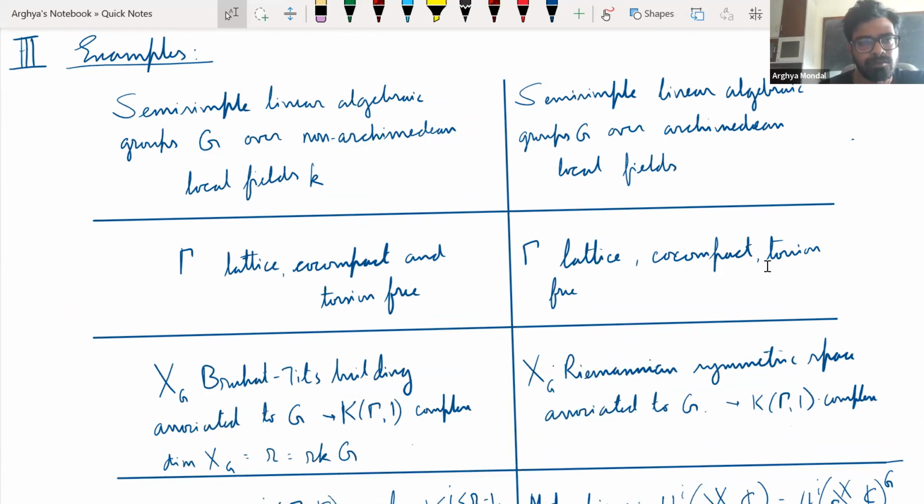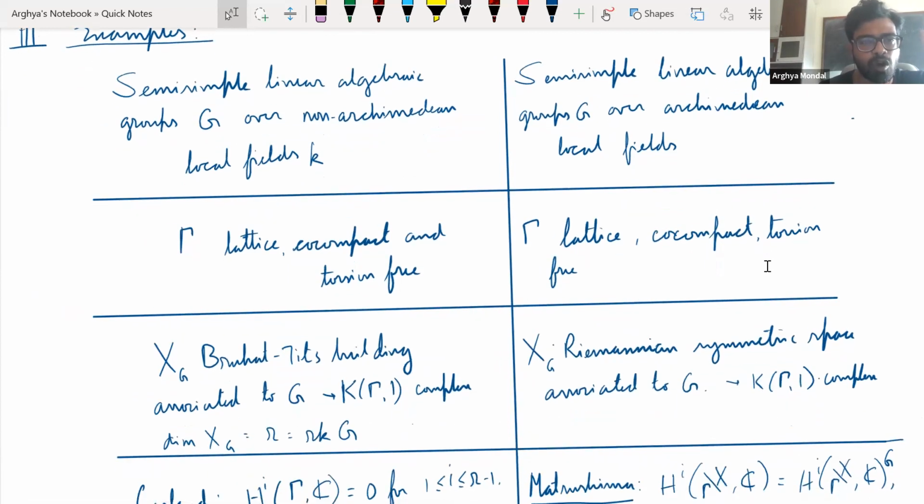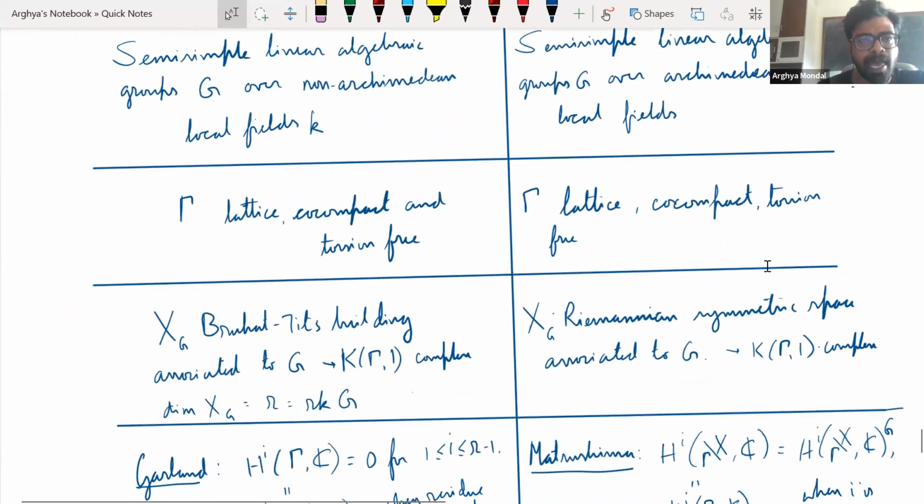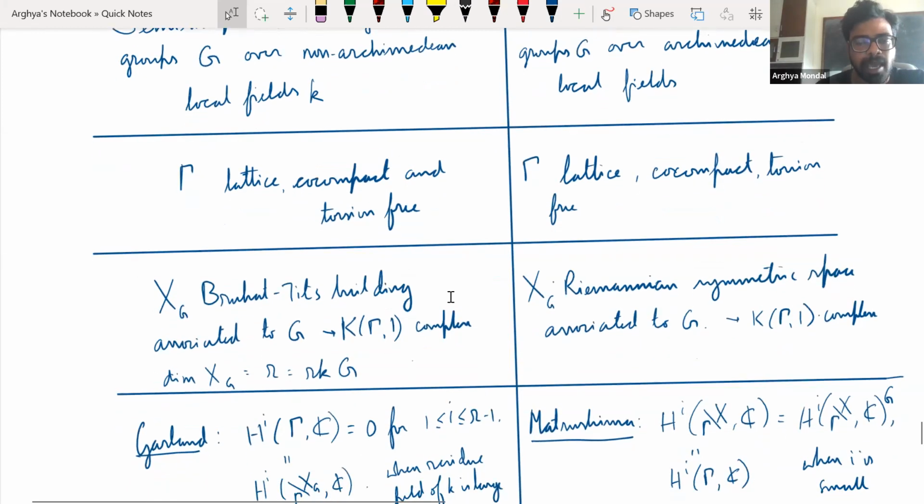And you look at co-compact torsion-free lattices in them, and these groups act on the Bruhat-Tits building associated to the group G, and these are contractible spaces, so therefore they are K(gamma, 1) complexes.